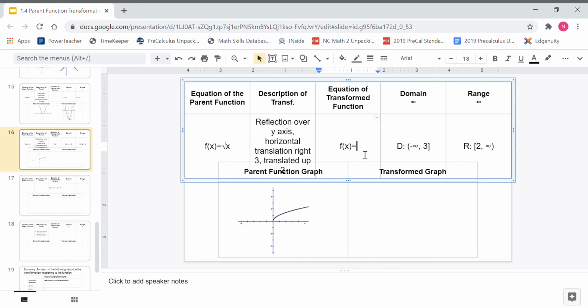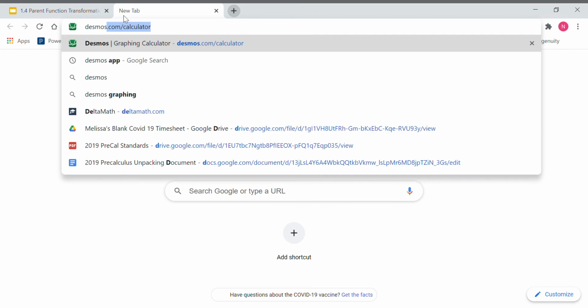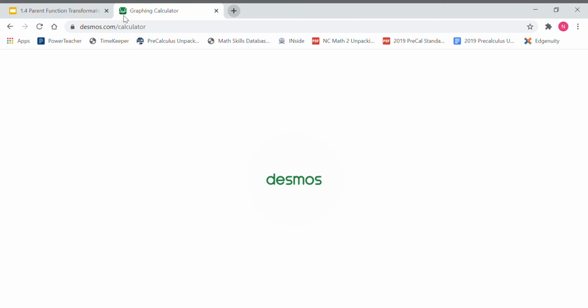The negative needs to be inside with the x because it's over the y-axis, I'm sorry. And so if we go to the right, we subtract, and if we go up, that's outside of your square root function. And so I'm not going to graph that one, but you could very easily go to Desmos and graph it. I'm not going to graph it and move it to my picture.